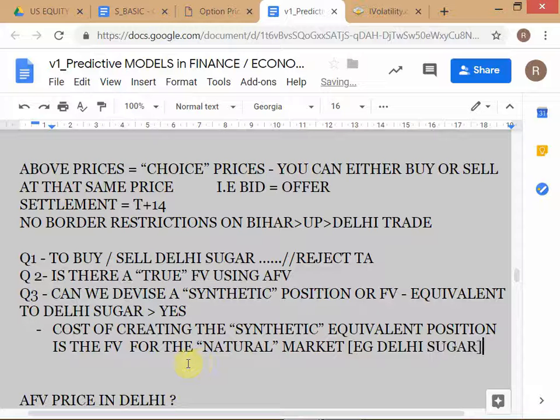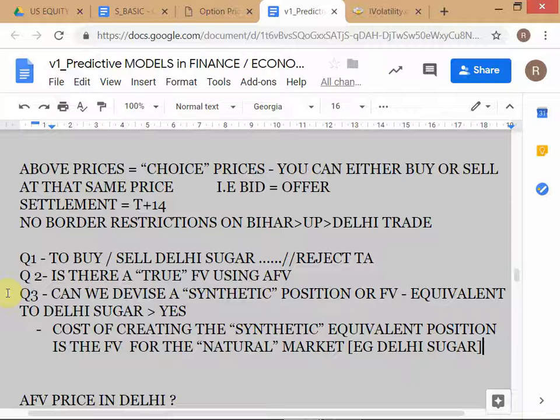Are you following the logical steps? You see a normal price of 75 rupees for the Delhi sugar market, and you don't know whether this is a price that should make you sell or make you buy. This is a basic decision problem. So you try to solve it using the AFV technique, which means you start searching for other market information.